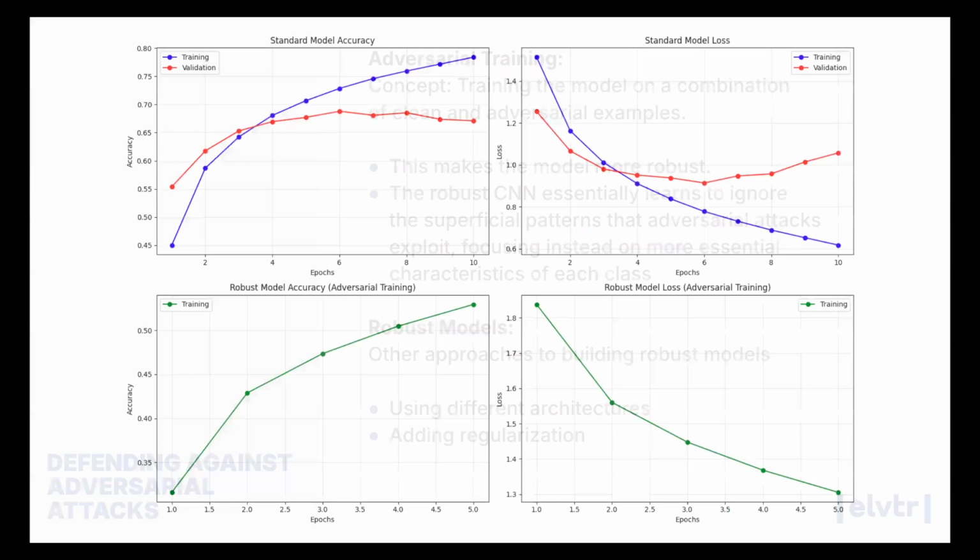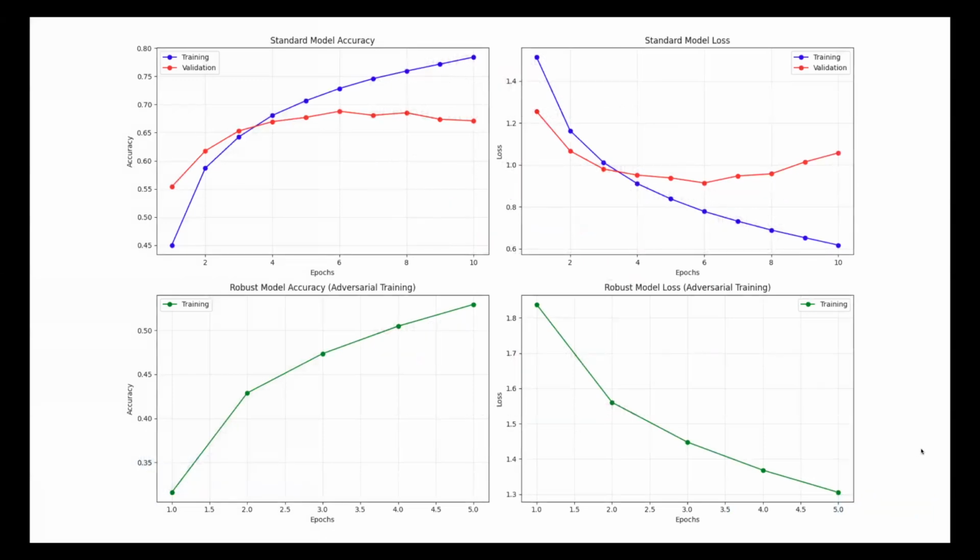Okay, so when we trained these models, we looked at their accuracy and how well we did with respect to validation. So we have standard training and then we have a robust model.